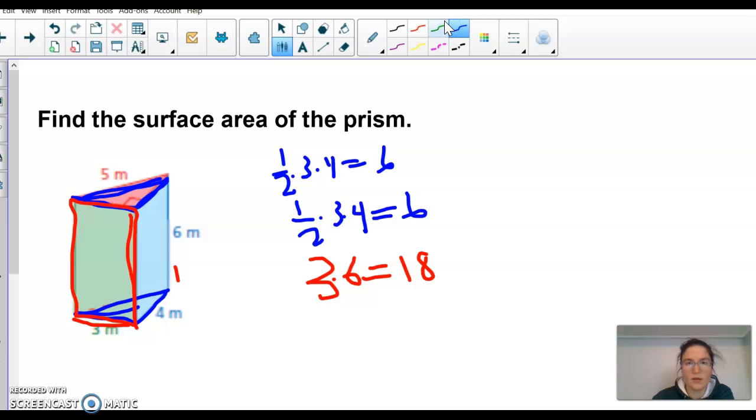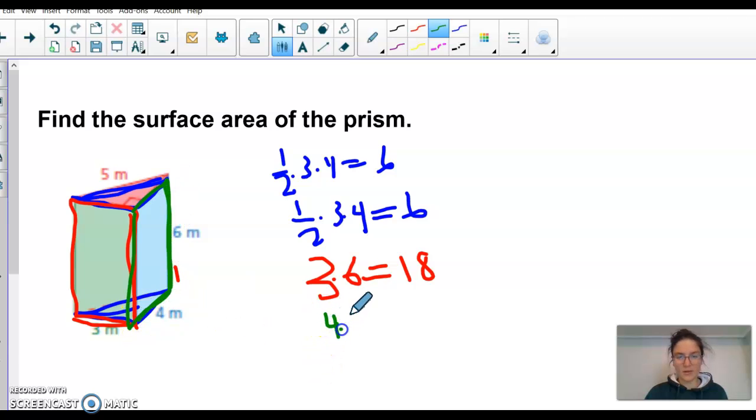A triangular prism is a little different than the last one we did because there's no front, back, left, right. There's no 4 sides. There's only 3 sides. So we just did the front. Now we're going to do the right. We have 2 sides of that triangle done. So we have 4 right here and 6.